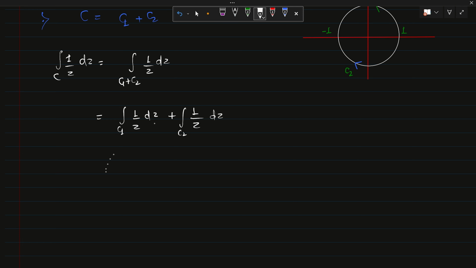Okay, now we know the values of these integrals. This value is nothing but pi iota, and this value is nothing but minus pi iota. So the overall integral value is 0.